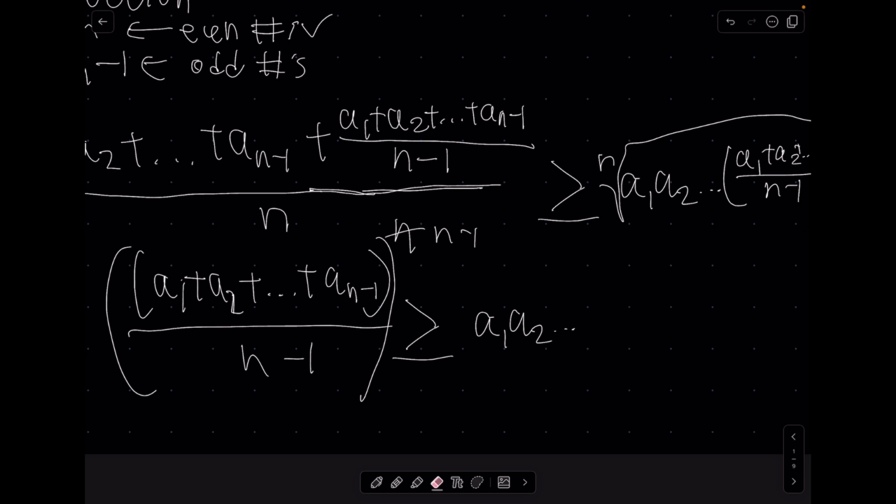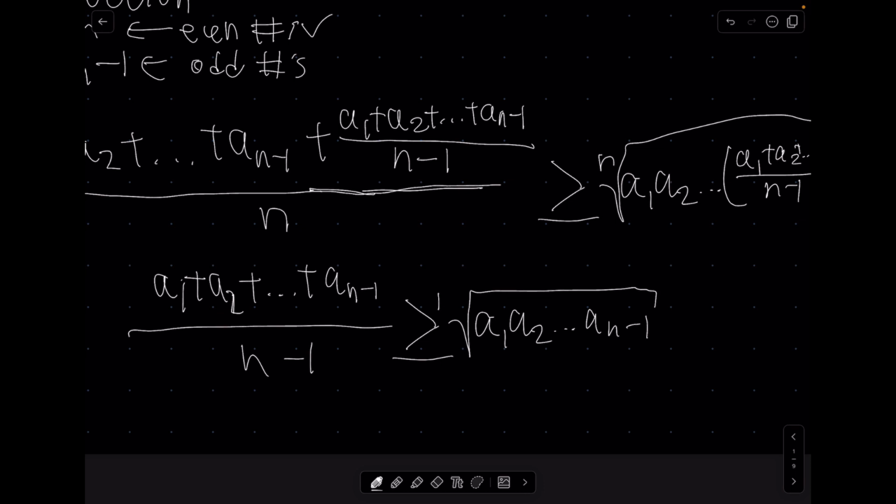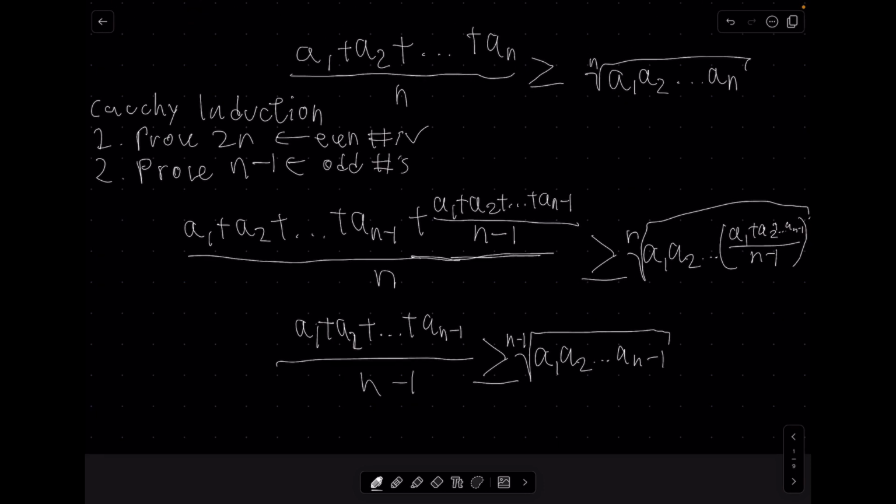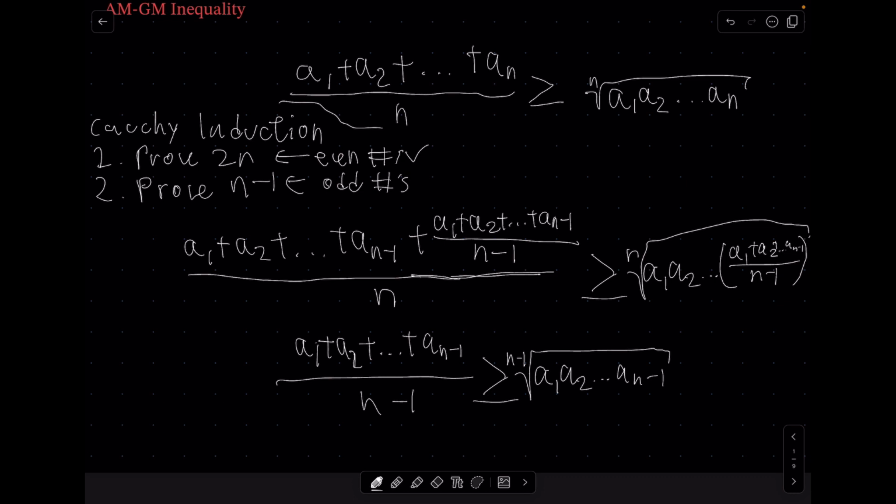So what we're going to end up with, there's going to be an n minus 1 there, and this is going to have the n minus 1th power, and then you might be able to see how we do it now. We take it to the n minus 1th root, and this is again the statement that we make in AM-GM. And now we've proved the second condition, so now it's obviously possible for every single n that exists.